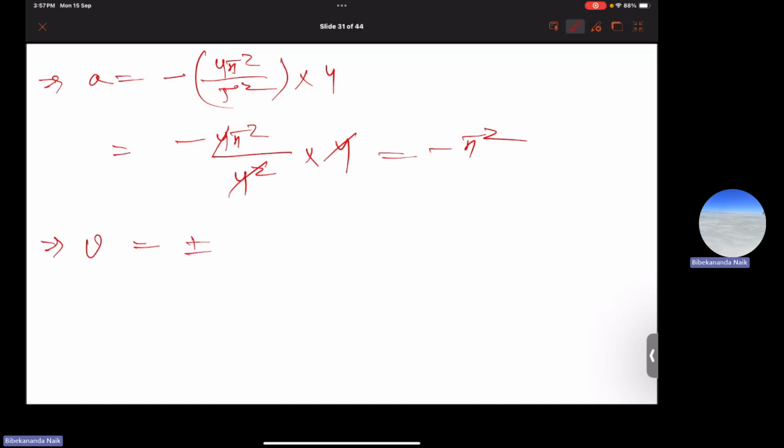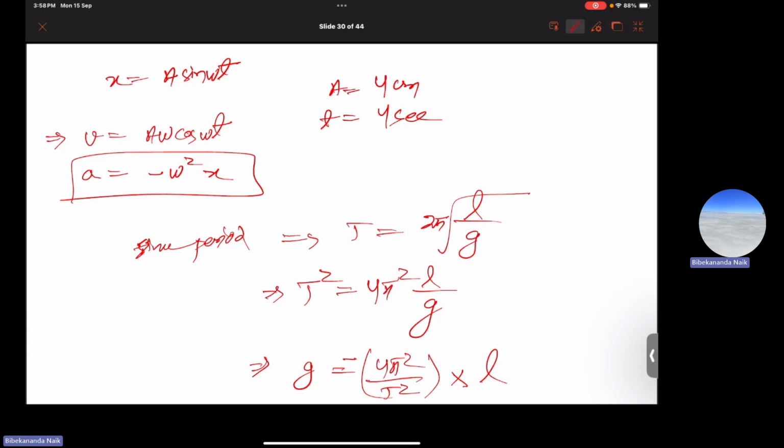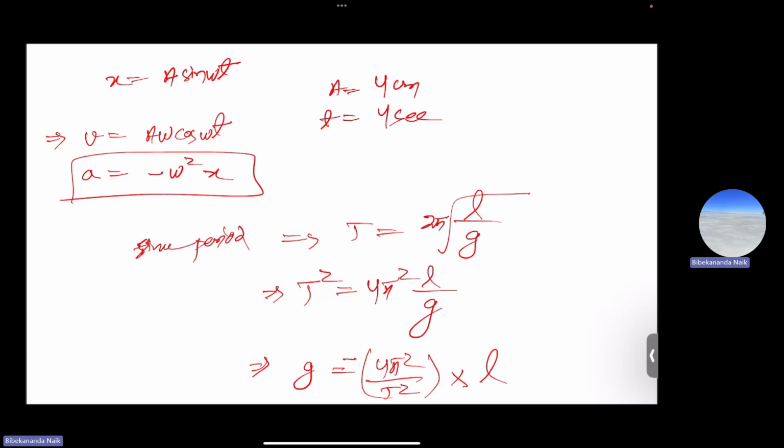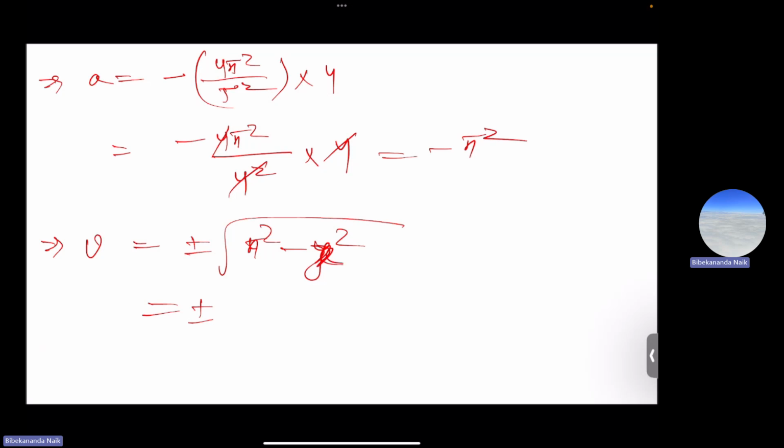Now what is V? V is plus minus root over a square minus x square omega. The question says find the acceleration and velocity when the displacement is 4 centimeter. Because if you solve this equation, v square equals a square omega square cos square omega t, so from there you can get it.